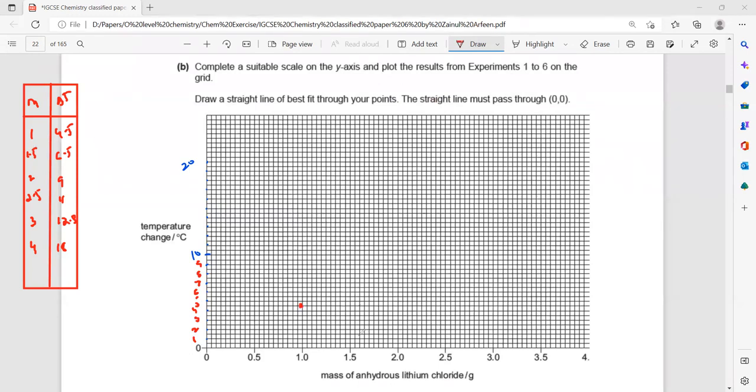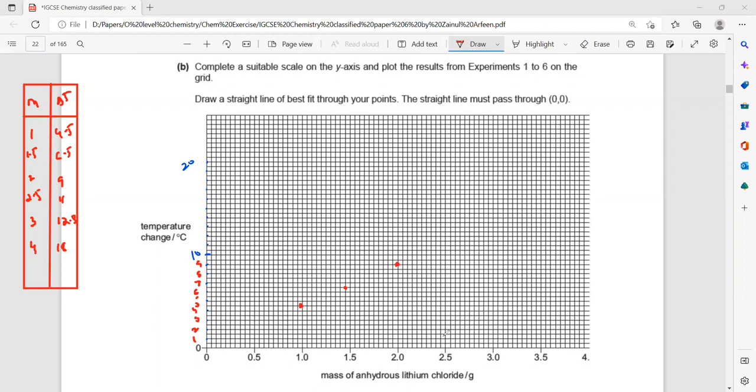Then 1.5 and 6.5. This is already 5, this will be 6 and 6.5. Then 2 and 9. So already this is 6.5, 7, 8, 9. So this will be 9.